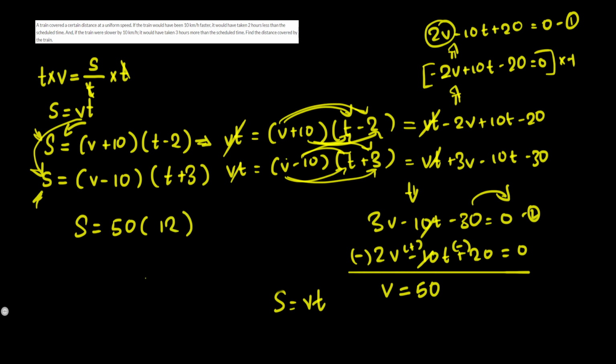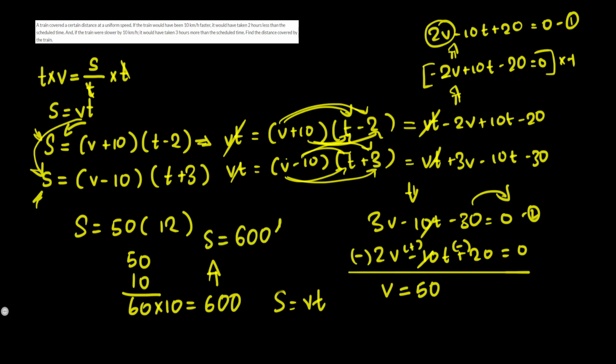Okay, let's see. 5 times 10 is 50, 5 times 2 is 10. That's giving me 60. 60 times 10 is 600. So the distance traveled by the train is 600 kilometers. That's the final answer, and let's box it off.